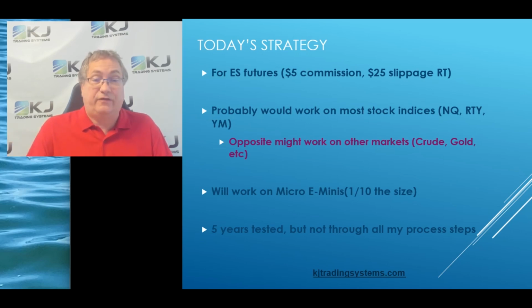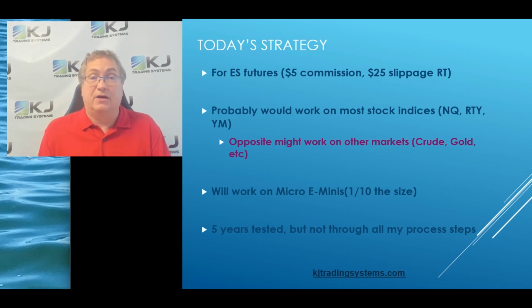So I'm doing ES futures, the mini S&P, and my guess, I haven't tested it, but this would probably work on most of the other stock indices like NQ, RTY. You'd have to test it. And a lot of times what I've found is strategies that work with the stock indices actually work in the opposite direction on a lot of other markets, maybe like gold or oil.